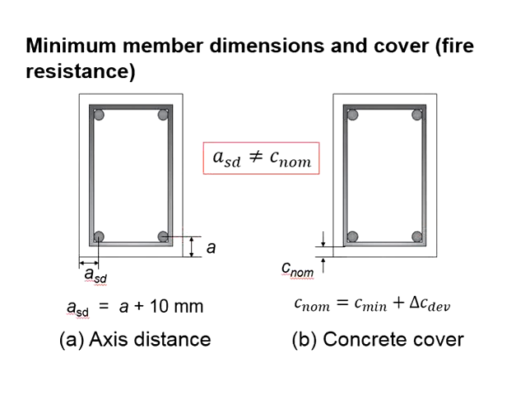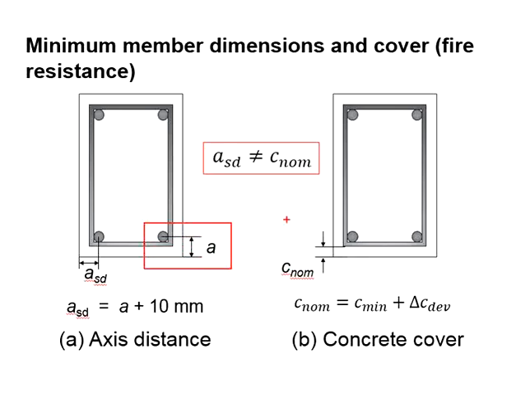This leads us to the comparison between the axis distance and the nominal cover. Axis distance is meant for fire resistance, whereas the concrete cover here is meant to protect the reinforcement against exposure to the environment.